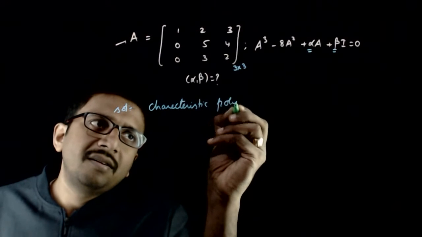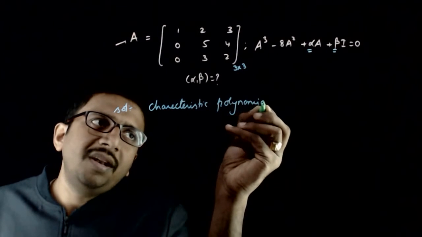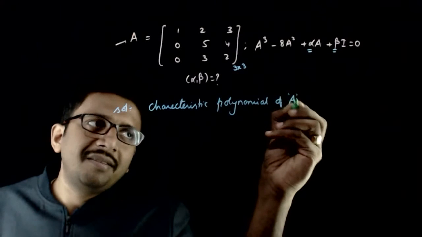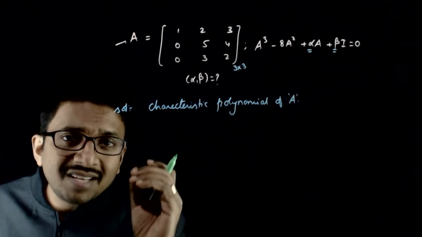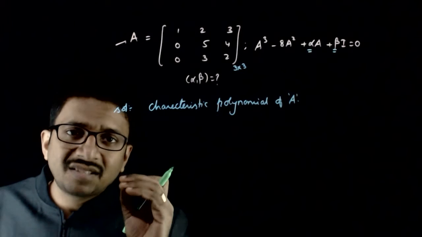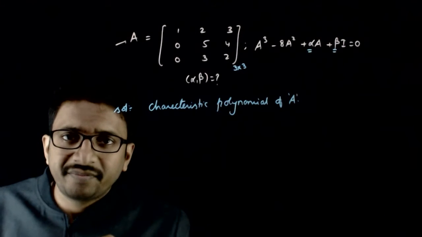Characteristic polynomial of a matrix A, any matrix. So what does the theory say? Theory says that every matrix satisfies its characteristic equation.